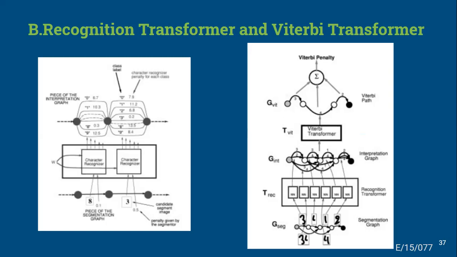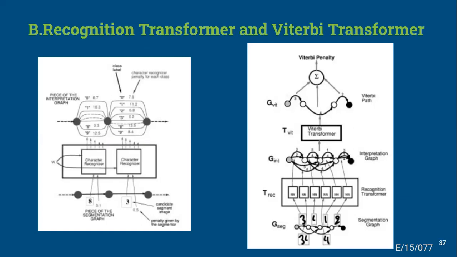The goal of the recognition transformer is to generate a graph called the interpretation graph, and it contains all the possible interpretations for all the possible segmentations of the input. The role of the Viterbi transformer is to extract the best interpretation from the interpretation graph.